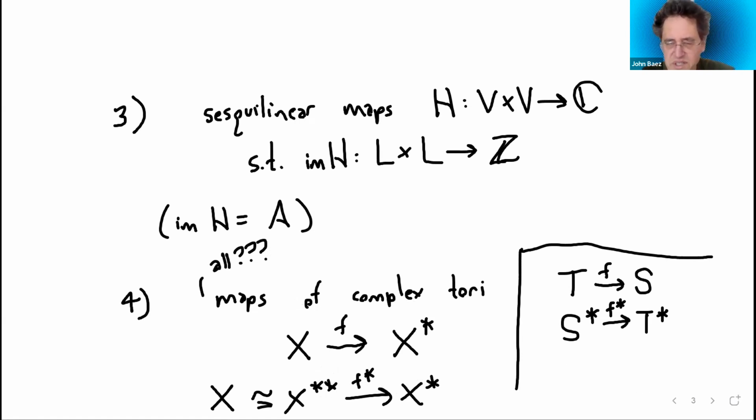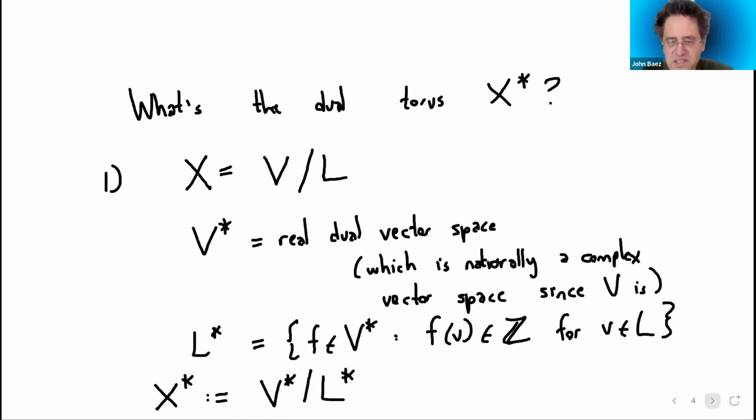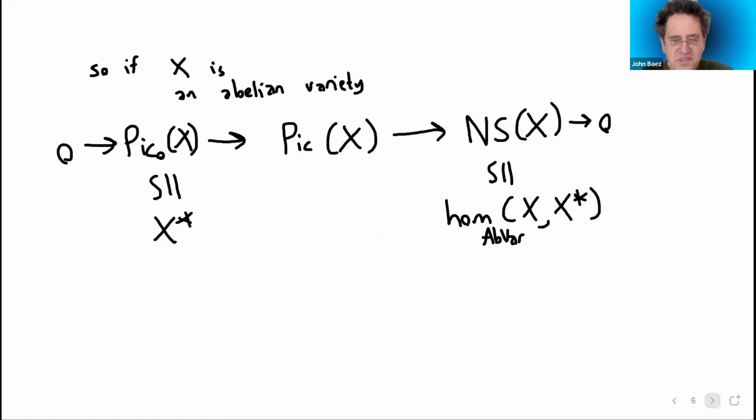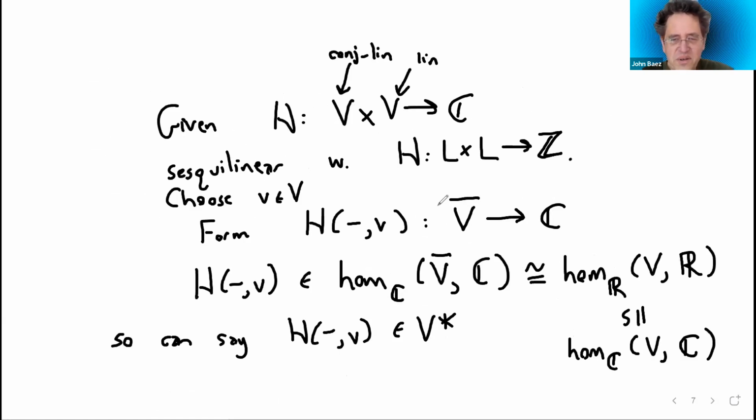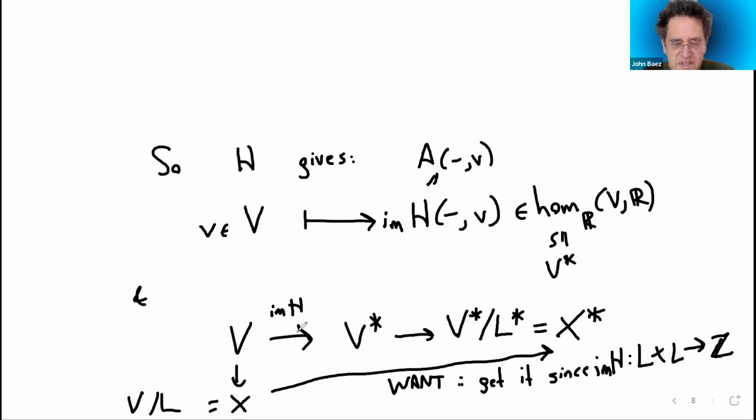I mean, notice I was going in one direction and having enough trouble with that. I was starting with an element of the Néron-Severi group described in this H way, and then cooking up a map from X to X dual. But now that I think about it, this map from X to X dual is really coming from this map from V to V dual.